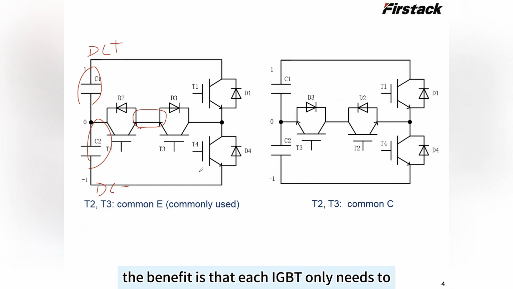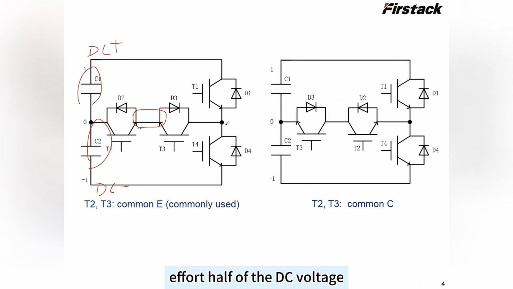The benefit is that each IGBT only needs to withstand half of the DC voltage. At the same DC voltage level, the energy loss of each IGBT is much lower than in a two-level system. From the equation here, the power is equal to voltage times current. We can find that.